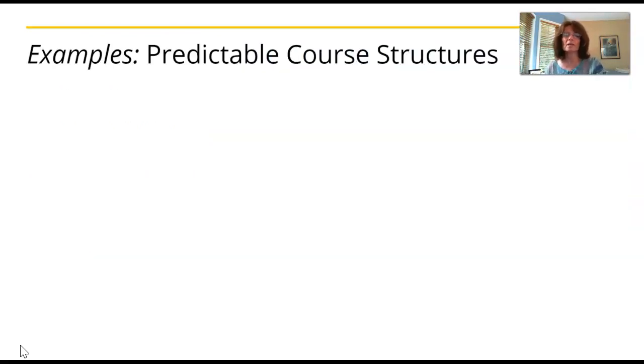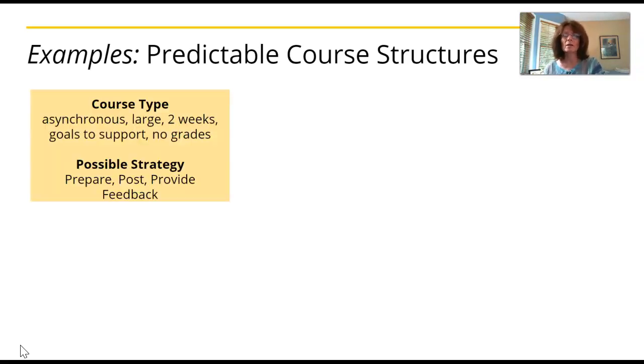So then you want to take your learning outcomes and think about what's the most relevant and predictable course structure that will help students navigate the course and be successful. And I'm just going to give you a couple of examples, and these would go in that course organization section. So for this particular course, this is the Agile Academy, we knew that it was going to be asynchronous, that it was large enrollment, that we had 2 weeks only, and our goal is to support you and that there would be no grade.